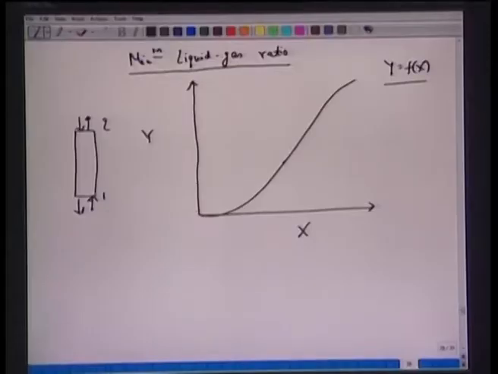Let's mark those points. So this is y1 and this is x1 here, and this is y2 and x2. You must notice that the most common scenario would be that y2 and x2 are known. y1 is given to us, and we want to reduce this concentration from y1 to y2.